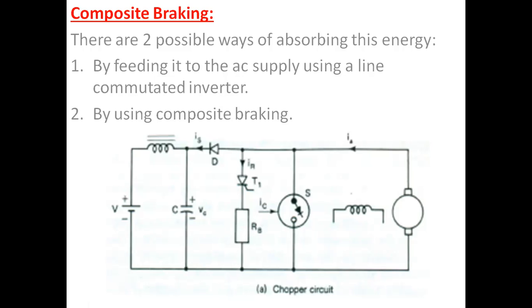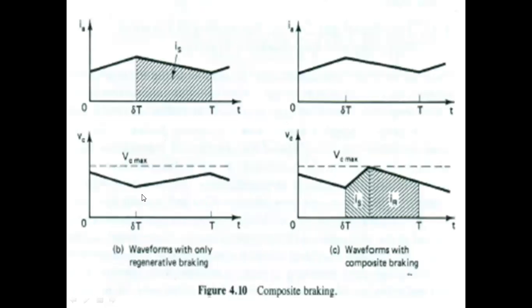Okay, so the waveforms of the motor armature current and the filter capacitor voltage, you can see in the figure. Thyristor T1 is not given the gate pulse in the waveforms with only regenerative braking, and this is the waveform with composite braking.